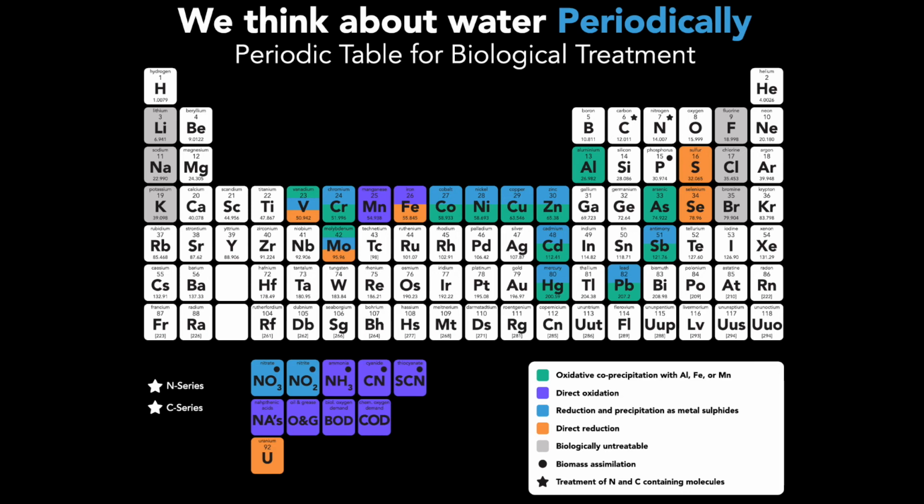So we just highlighted the ones that we commonly see needing treatment and the ways you could treat it. A lot of them you can see are both blue and green. That means that you could approach their treatment either through reduction and precipitation as a metal sulfide or through oxidative co-precipitation. So you have two different treatment pathways you could pursue there. And others can be directly reduced and treated or combinations of treatment.